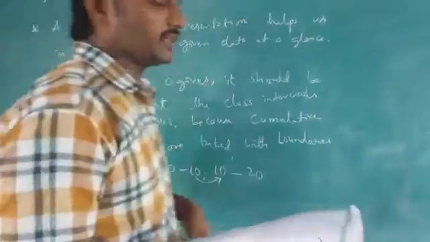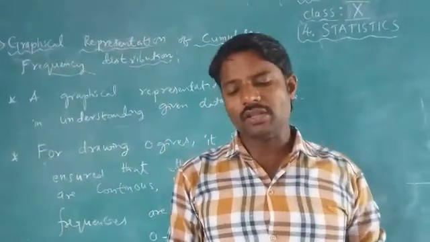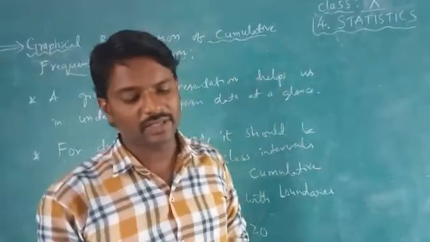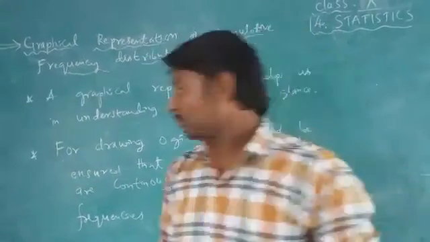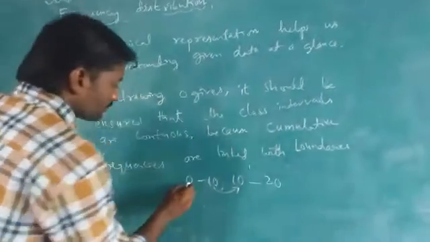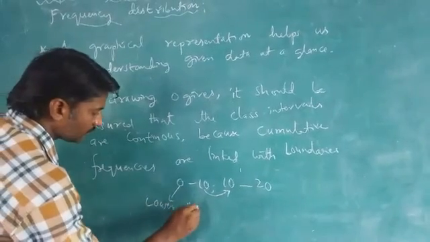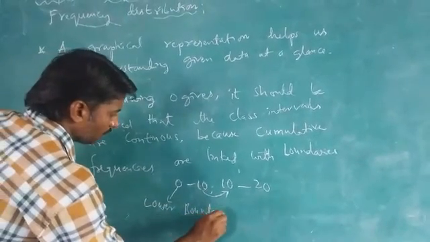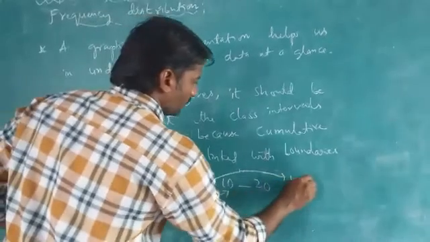Now page number 352. Recall that all the values 10, 20, 30, up to 100 are the upper boundaries of the respective class intervals. So here this is the lower boundary, children, and this will be the upper boundary.